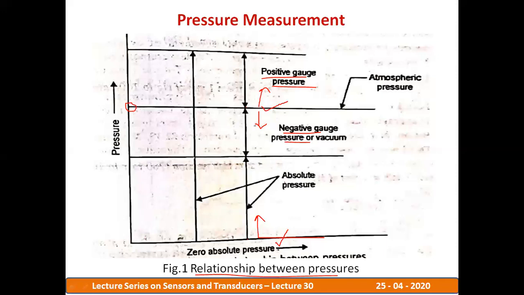Absolute pressures. Okay, so this diagram will give us a clear picture of all the three pressure terms: atmospheric pressure, gauge pressure, and absolute pressure.